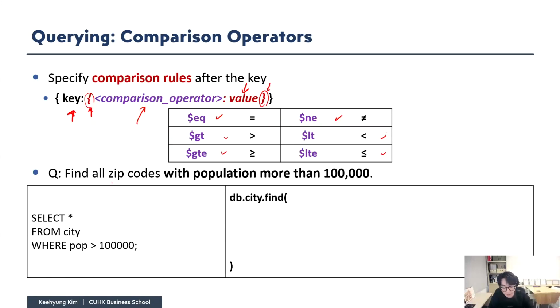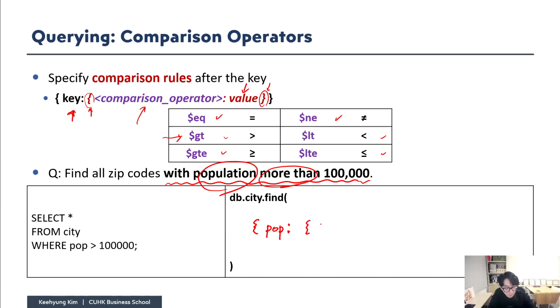If we want to find all the zip codes with a population of more than 100,000, what we want to compare is the population field. So for this query, we specify population first. The comparison operator is more than, so that is greater than, right?